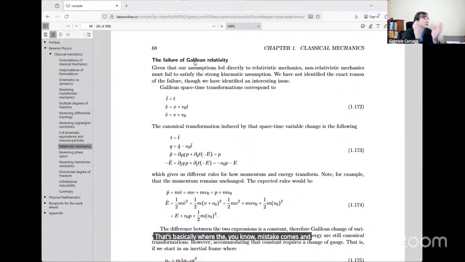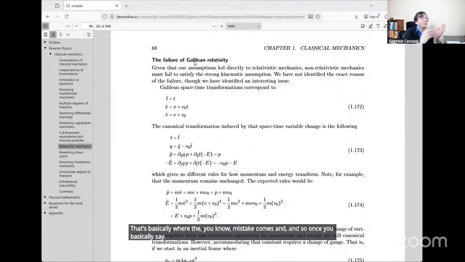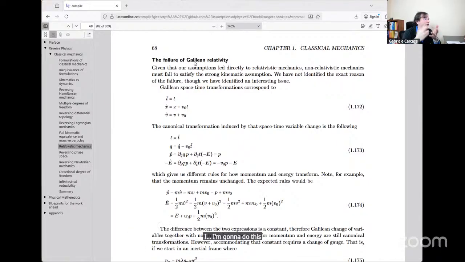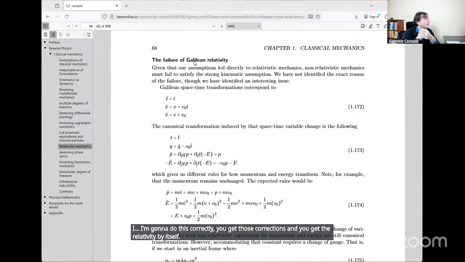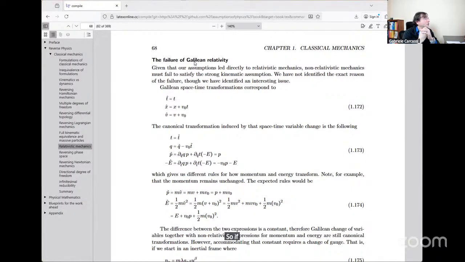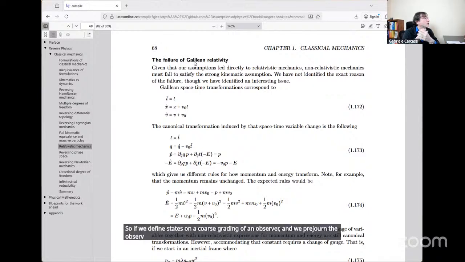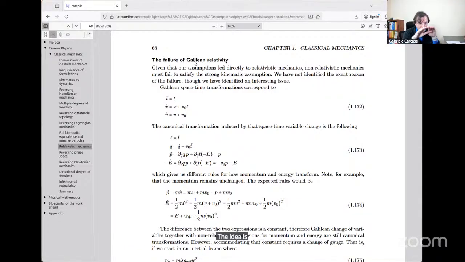Once you say, I'm going to do this correctly, you get those corrections and you get relativity by itself. So, if we define states on a coarse graining of an observer and we prejudge the observer's scale, doesn't quantum locality show that there must be more structure underneath? There is no coarse graining. The idea is, again, that we are mapping probability distribution to probability distribution in phase space.